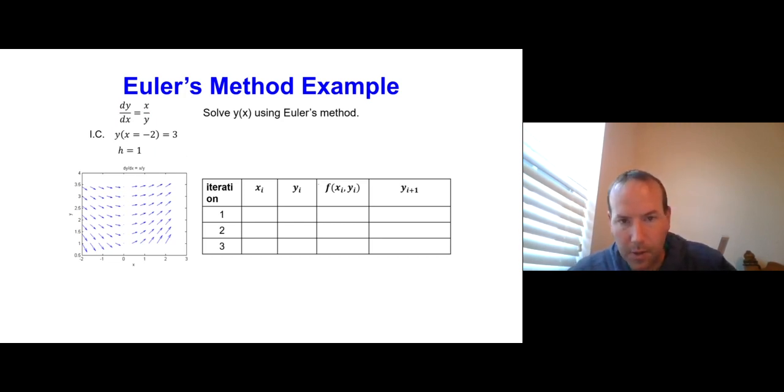What that means is that y_{i+1} equals y_i plus f of x_i, y_i times the step size h.